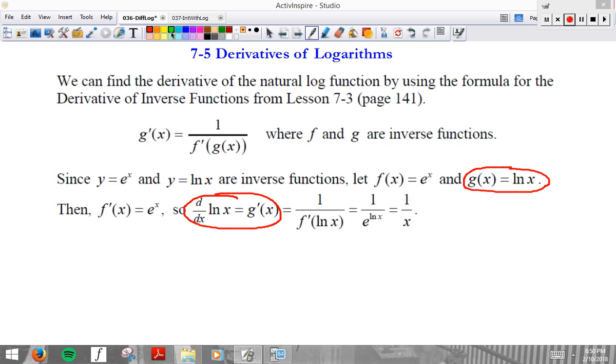Using the formula is how we get this part. That's why they got f prime of g. So they're just replacing all the x's with natural log x. And that's how they get this. And then using the stuff we talked about, e to the natural log cancels out. We're just left with x.